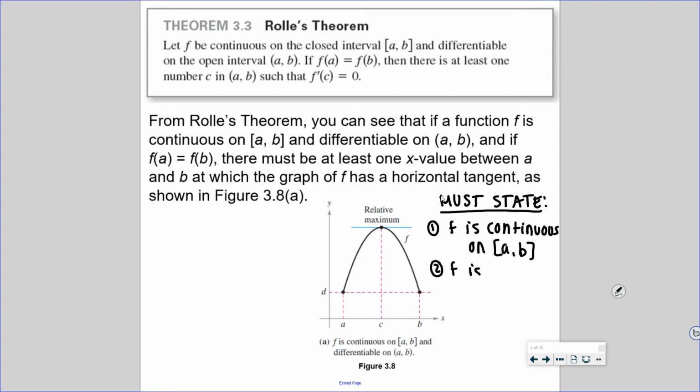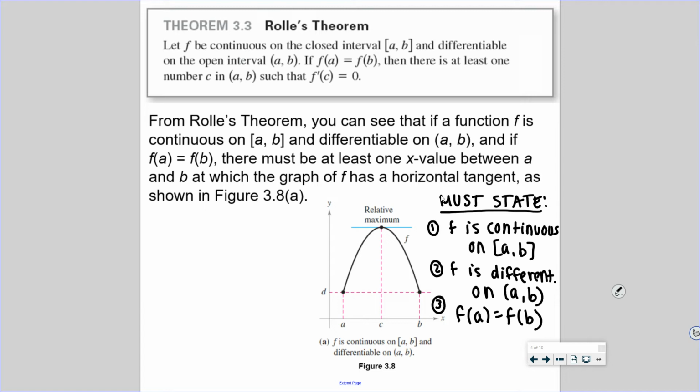Two, f is differentiable on the open interval a to b. And then you also have to show that the heights or the outputs of your endpoints, the parts on your interval, are the same.